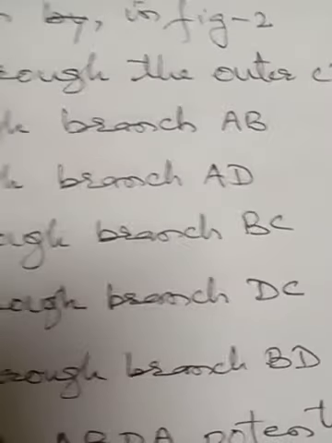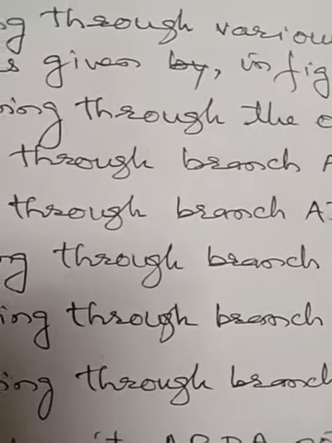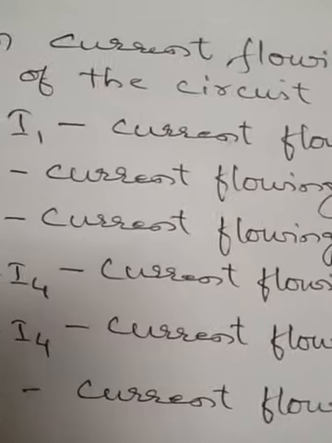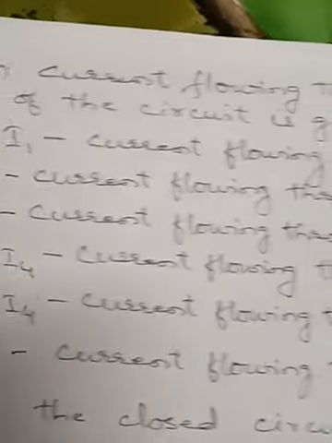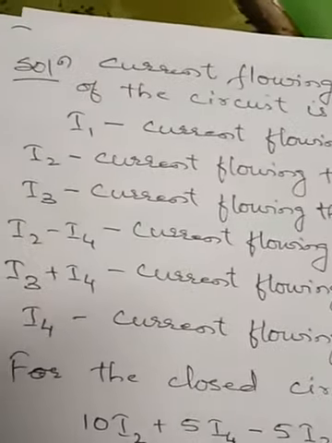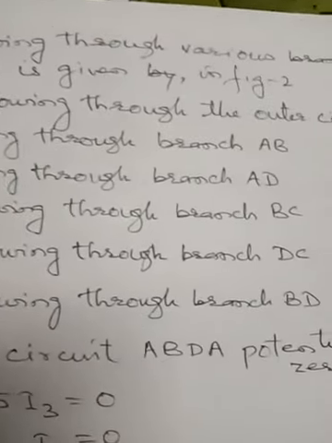I3 is the current flowing through the branch AD. I2 minus I4 is the current flowing through the branch BC. Similarly, I3 plus I4 is the current flowing through the branch DC. And I4 is the current flowing through the branch BD.